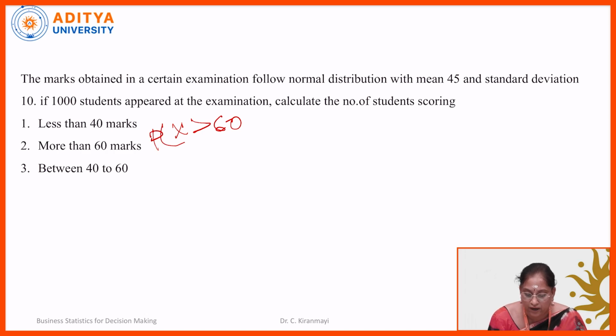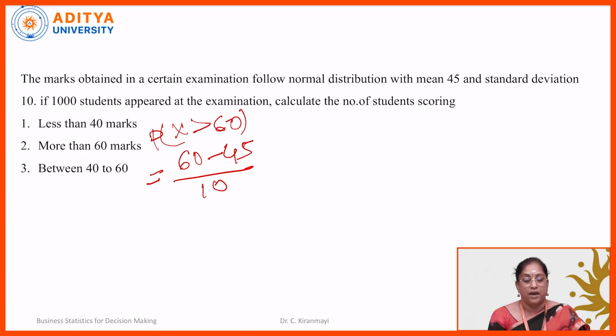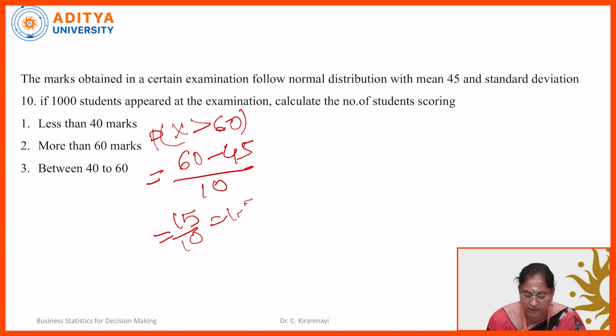For this also we have to find P of x greater than 60, where x is 60, mean is 45, and standard deviation is 10. 60 minus 45 is 15, divided by 10, that is 1.5.